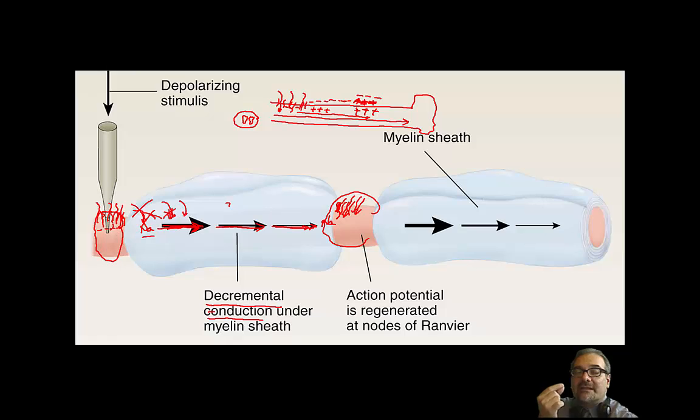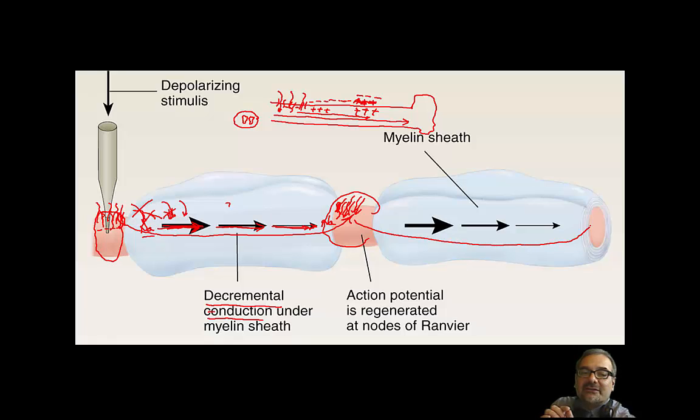Okay, so although we call it all or none, it is still all or none. It's going to either go down or not go down, but it's going down at nodes of Ranvier. So in a way, we call this saltatory. In a way, the signal is jumping between nodes, and it's really jumping from under, right? So it's jumping like this.